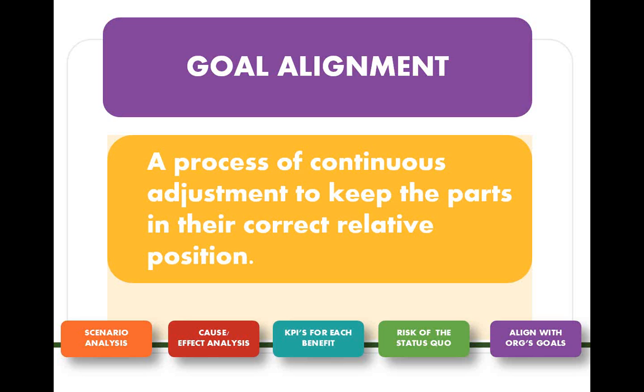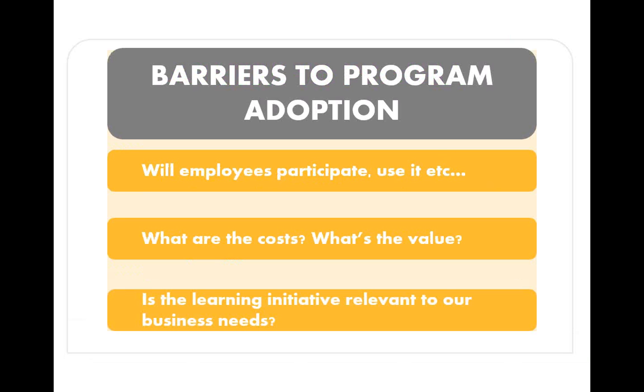We know what success looks like, and here's how we know it. You're constantly evaluating those key performance indicators to see, are we on track, are we off track? If we're off track, how do we get back on track? That's alignment. And when you're constantly evaluating it and constantly making adjustments, you can keep your training program tightly aligned and successfully aligned with helping your organization achieve their goals.